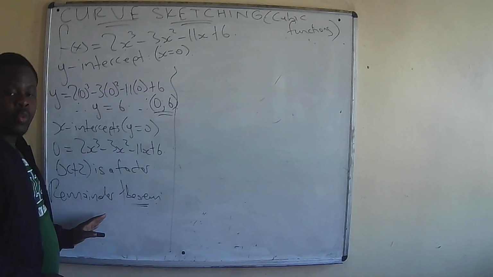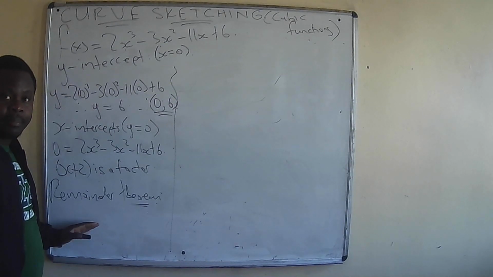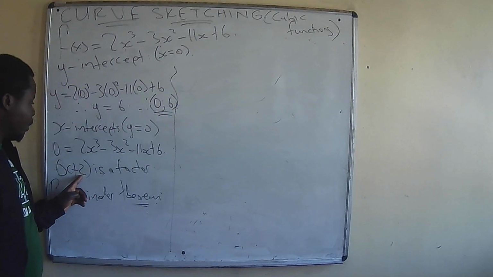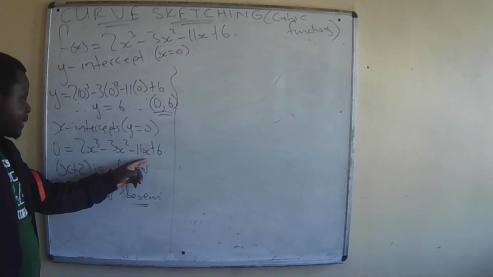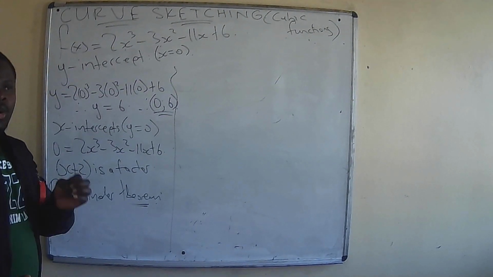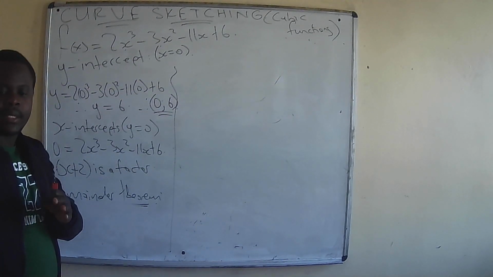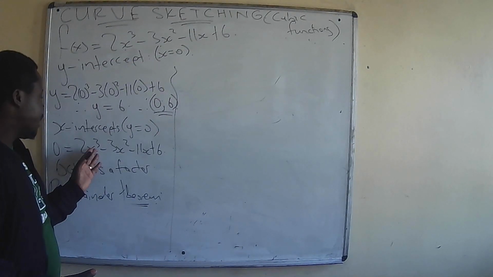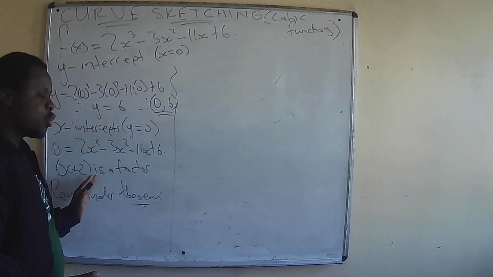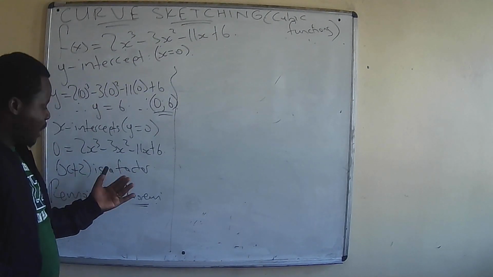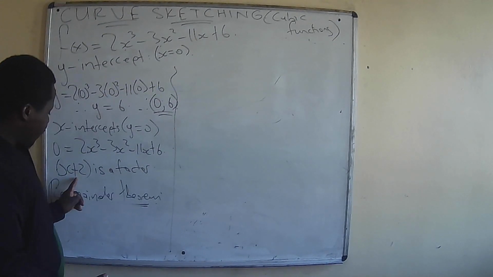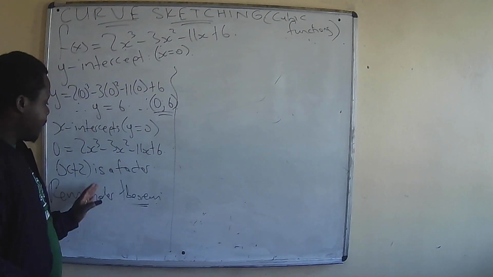We are going to use the remainder theorem to test if x plus 2 is one of the factors. Remember, a cubic function will always have three factors.